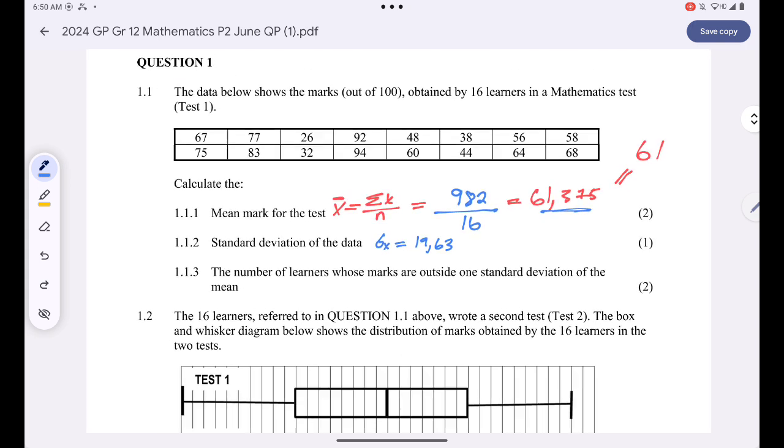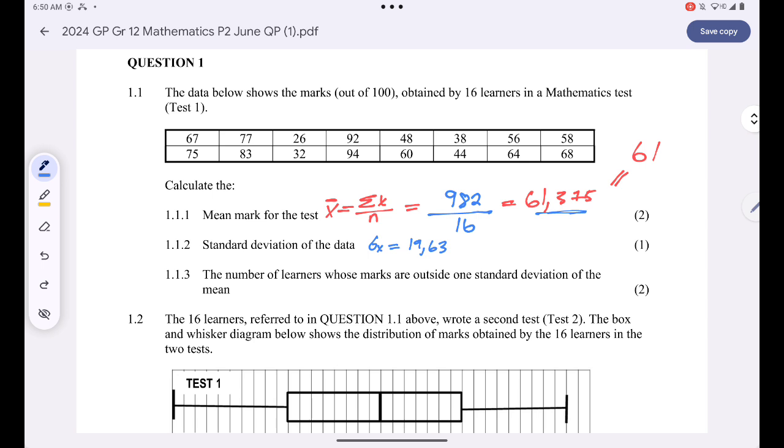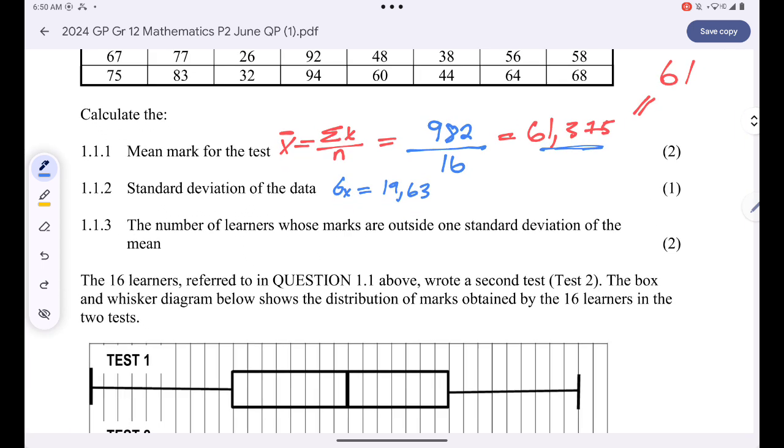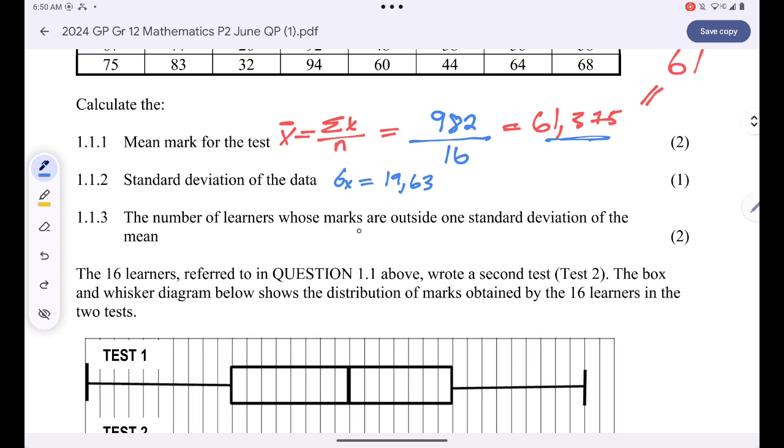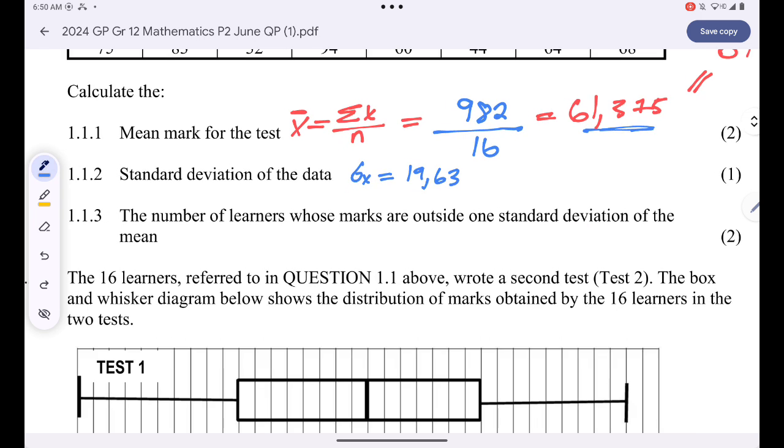Okay, let's continue now. They want us to calculate the number of learners whose marks are outside one standard deviation of the mean. I'm going to make 2 limits over here. These will represent the marks of learners who are one standard deviation away from the mean.